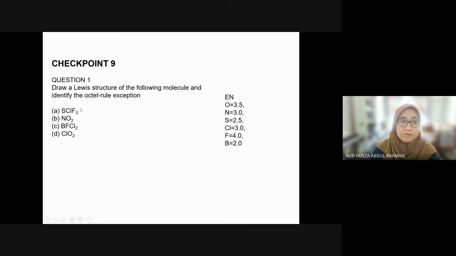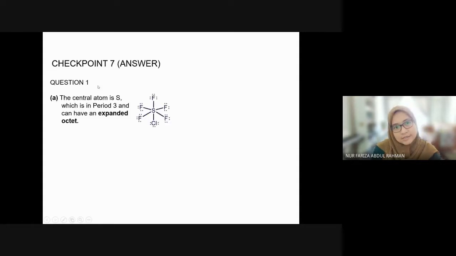So this is what we call expanded octet. So this is how your Lewis structure should look like, and then this is expanded octet. After all, sulfur comes from period 3. It can be expanded, so in this case, it is expanded.